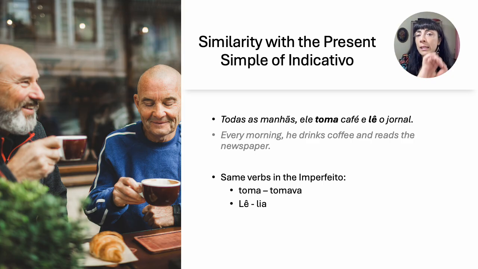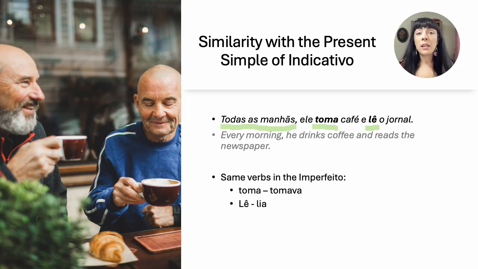Again, we have exactly the same key expression, todas as manhãs. Todas as manhãs, so every morning. And in this case, this is just a present tense because we have toma and lê. So, todas as manhãs, ele toma café e lê o jornal.